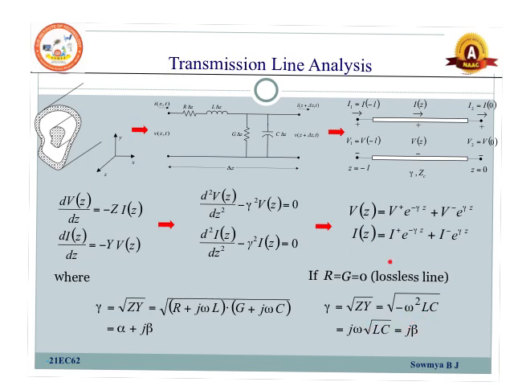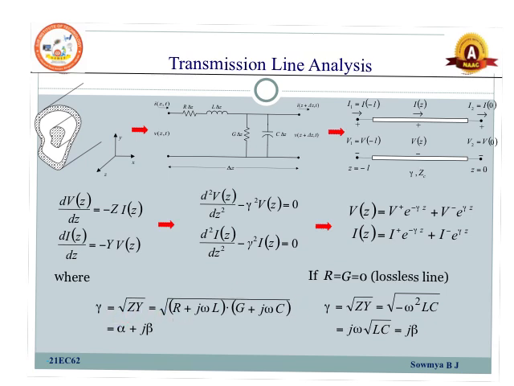So the final expressions of the transmission line are V of z is equal to V plus e power of minus gamma z plus V minus e power of gamma z, and I of z is equal to I plus e power of minus gamma z plus I minus e power of gamma z. Here gamma is the propagation constant, equal to square root of ZY, square root of (R plus j omega L) into (G plus j omega C), that is equal to alpha plus j beta.